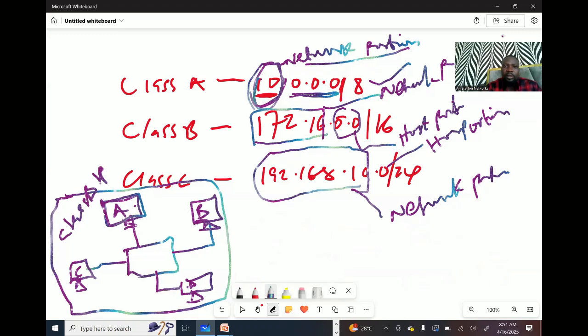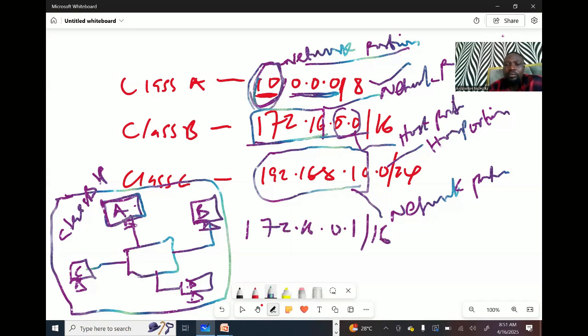That means our first host will be using 172.16.0.1/16.